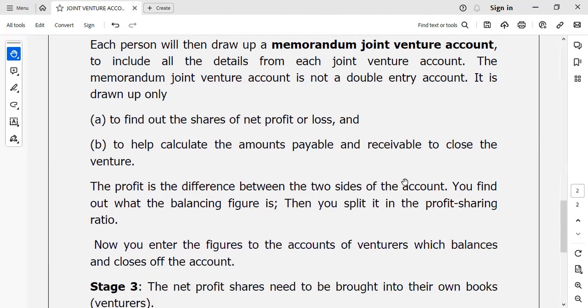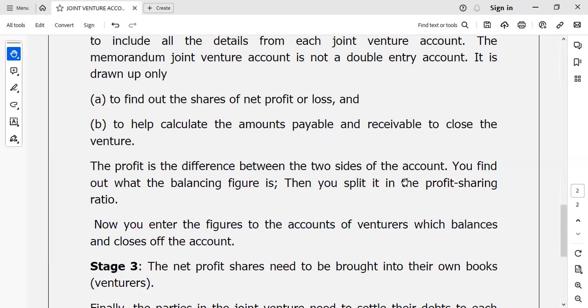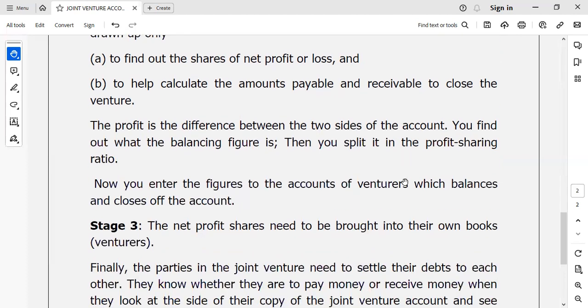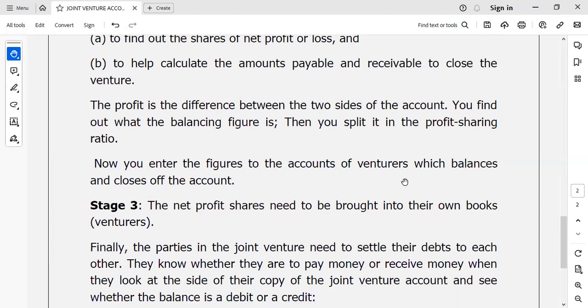After balancing off the memorandum joint venture account, you will have to enter the figures in the accounts of the venturers, which balances and closes off the account. So the net profit shares need to be brought into the venturers' own books. Finally, the parties in the joint venture need to settle their debts to each other.